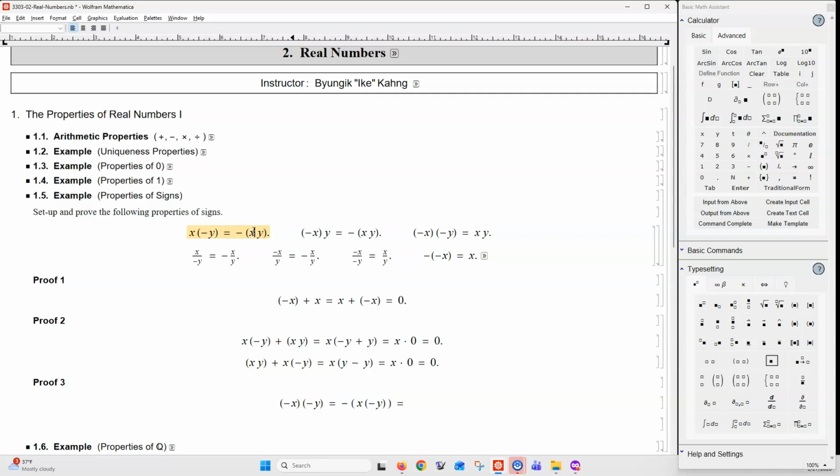So negative of x, and then this negative goes to the second number, so x times negative of negative y. That's what I just used. So instead of just y here, we started with negative y, so put an extra negative there. We're almost there. Negative of negative y, what is it? That's y. So we have x times y, and it's what we wanted.